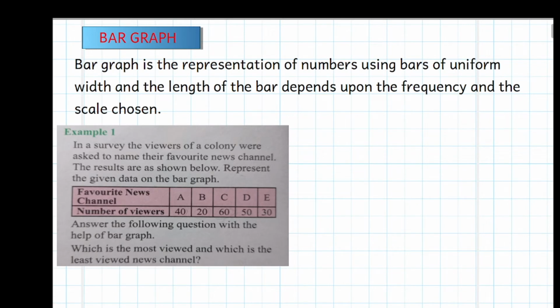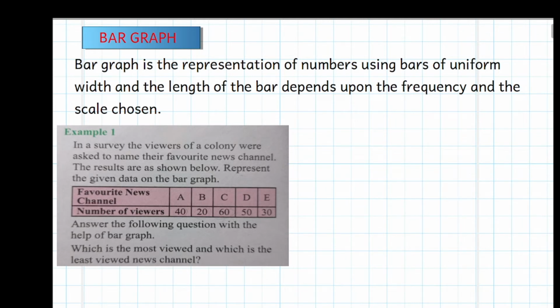Next, another interesting topic is the bar graph. So what is a bar graph? A bar graph is the representation of numbers using bars of uniform width, and the length of the bar depends upon the frequency and the scale chosen. Normally we know this page, this is a graph, and all of you know how to draw a graph.